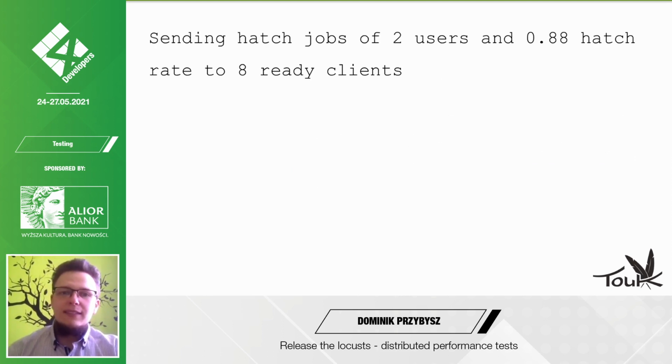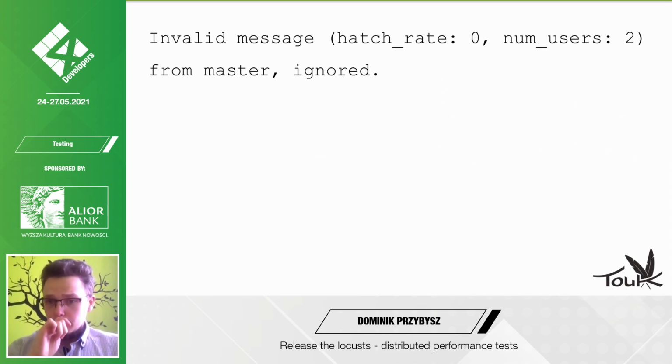And even if the master says it's okay, it is able to calculate such a spawn rate for each ready worker, then on the other side, the worker could reject such a message because it cannot run at such a low speed. So the minimal value of spawn rate for the workers to run is 1.